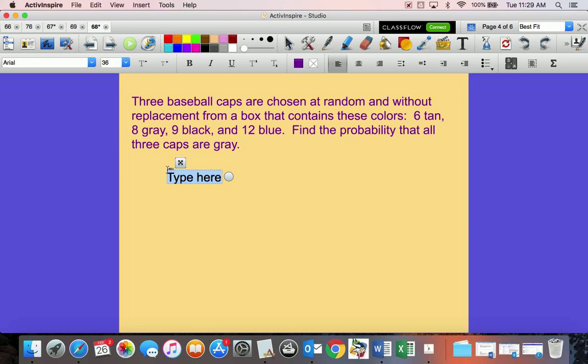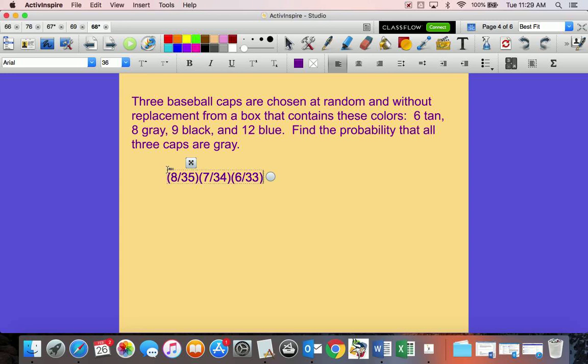So what's the probability that the first one is gray? We'd have 8 out of 35. Okay, times. Now we're not putting them back, so we're down to 7 gray caps out of 34. And then 6 out of 33. We're going to multiply all those together because we want to know the probability of getting all 3 of them.